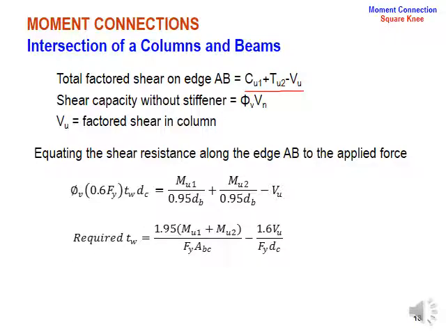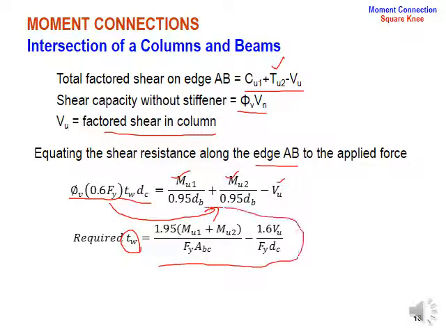The shear capacity without the stiffener will be phi Vn, and Vu will be the factored shear in the column. Equating the shear resistance along the edge AB, whatever Cu1 is, you write its equation, for Tu2 you write its corresponding equation, and for Vu it will be the same. On the other side, the capacity equation will be the same as we discussed earlier. Tw required can be obtained by taking all of the parameters to the other side and simplifying the equation, and you will get this formula.